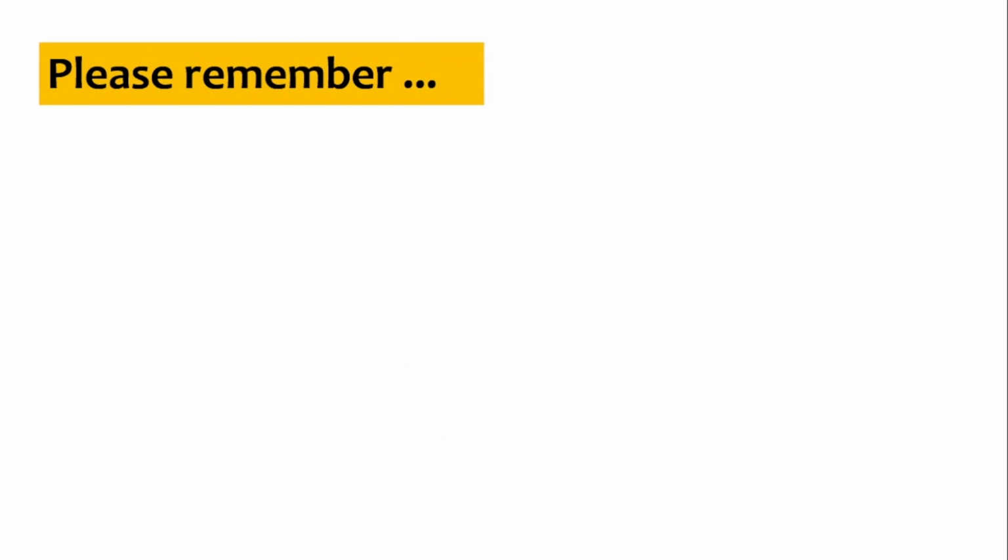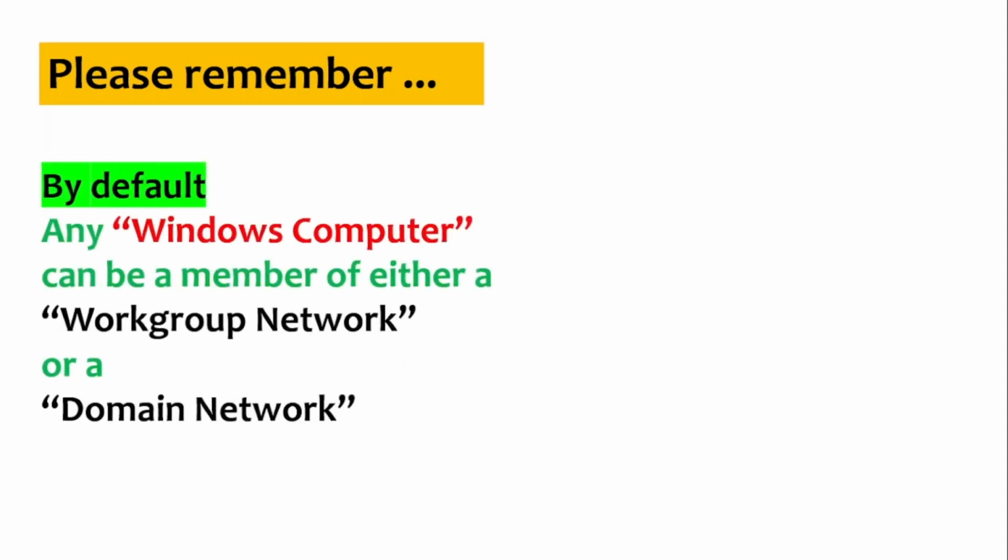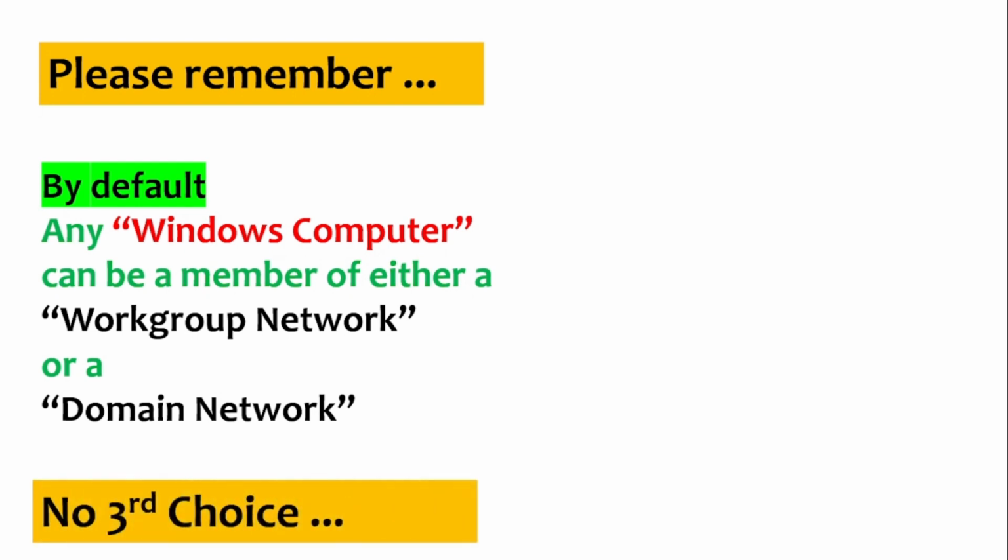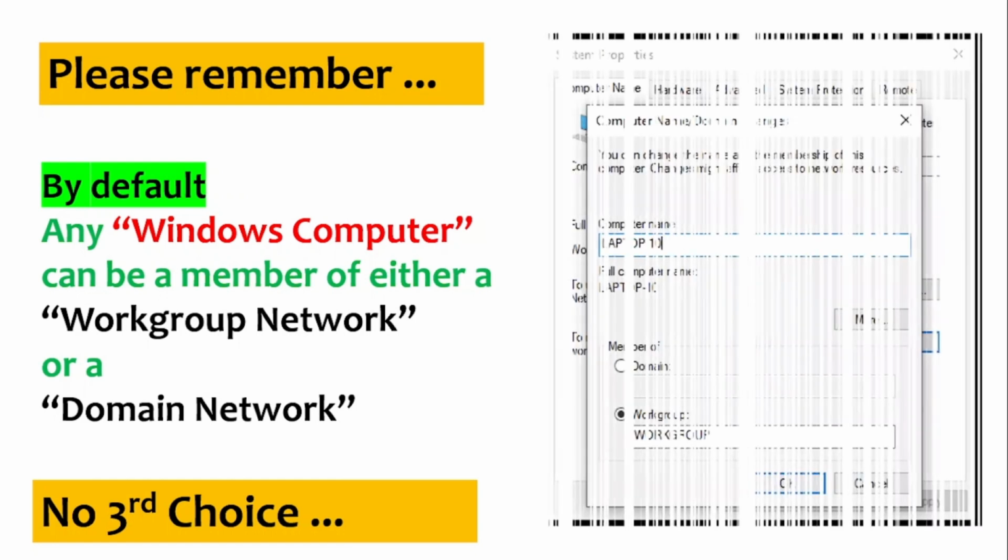So please remember one thing, by default any Windows computer can be a member of either a workgroup network or a domain network. We don't have any third choice. Any Windows computer, be it a client computer or a server, can be a member of a workgroup network or a domain network.